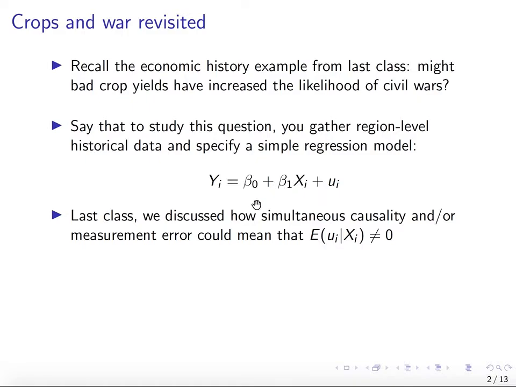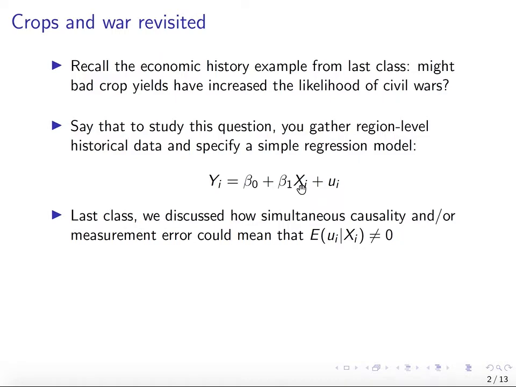We also said that measurement error would be an issue here. This is because probably you're going to misreport crop yields in a way that has more measurement error in cases where civil war occurred. In the year where you have a civil war, you're more likely to have not such great statistics. Maybe the people that are usually counting the yields are now going to war, and plenty of other reasons.